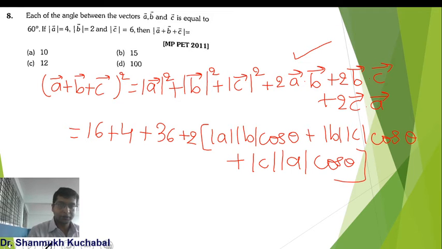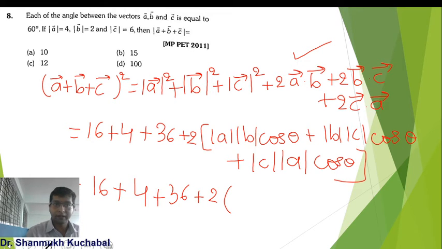Yes. So the magnitudes we know. If we substitute and simplify, we get 16 plus 4 plus 36 plus 2 times inside, 4 plus 6 plus 12.